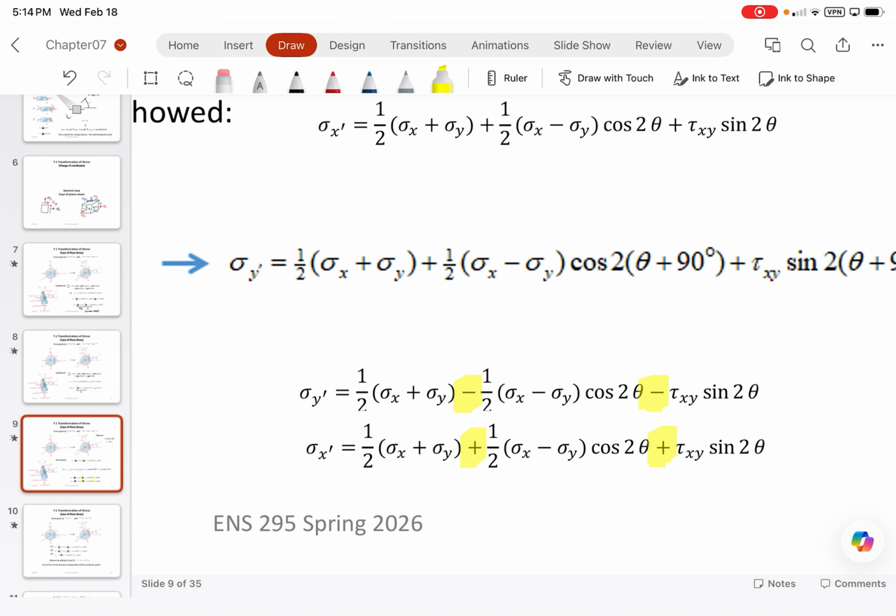So if you ever feel like you're forgetting the equation, just remember that sigma x prime is always just going to be pluses, sigma y prime is just going to be minuses. And then that sigma average will always have the same sign no matter what. And I'll give you guys a minute to write that down.